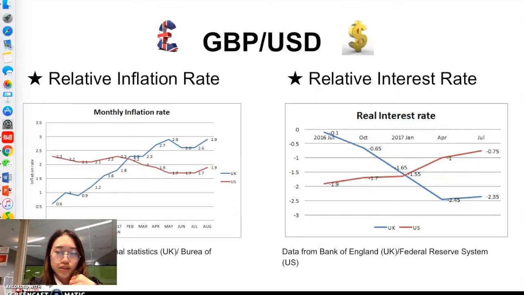In the US, the interest rate has been increasing since October 2016, and as we calculate, the real interest rate in the UK since 2016 has stayed negative and been falling rapidly. At this point, it starts varying around negative 2.3, and for the US after 2017, the real interest rate became higher than the UK and tends to grow positively.